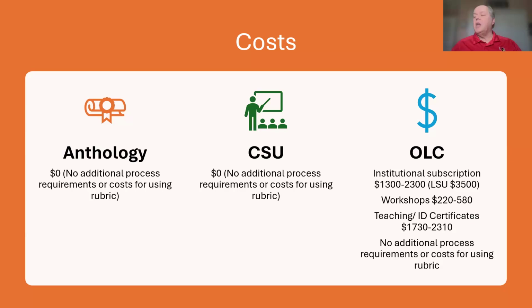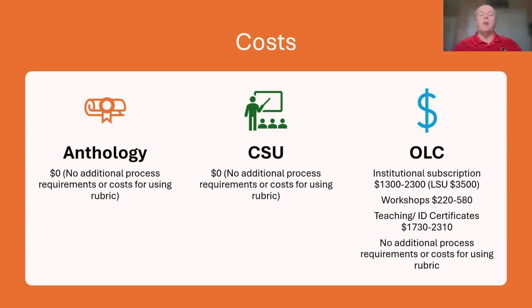Now with OLC, if you do an institutional subscription so that your whole institution has access to that, that will cost anywhere from $1,300 to $2,300, or if you're a consortium, $3,500.